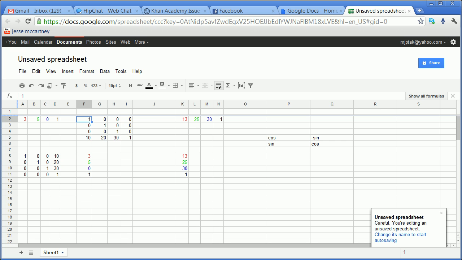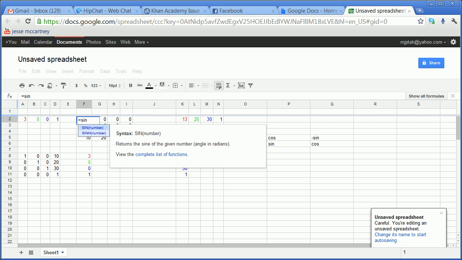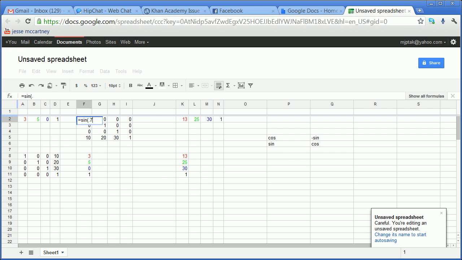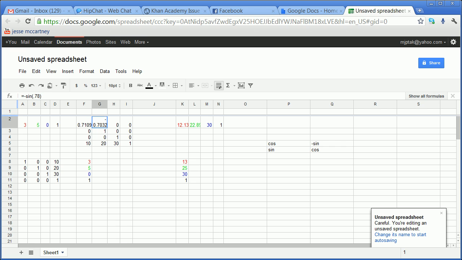So what I'm going to do here is put an equal sign, open parentheses, of 0.78. Bad habit, but I'm going to do it, and that's incorrect. Remember, that should be cosine 0.78. I'm going to say equals minus sine of 0.78. That's the same as 45 degrees, just so you know.